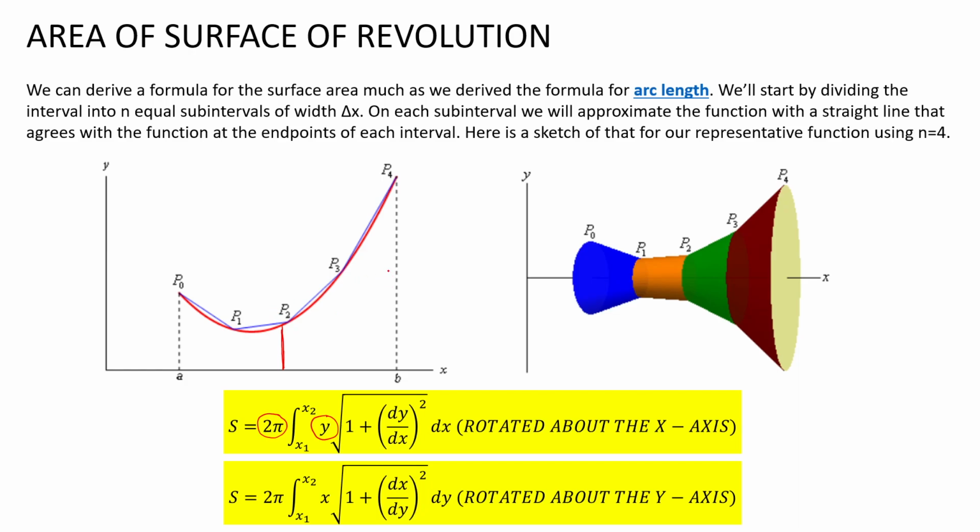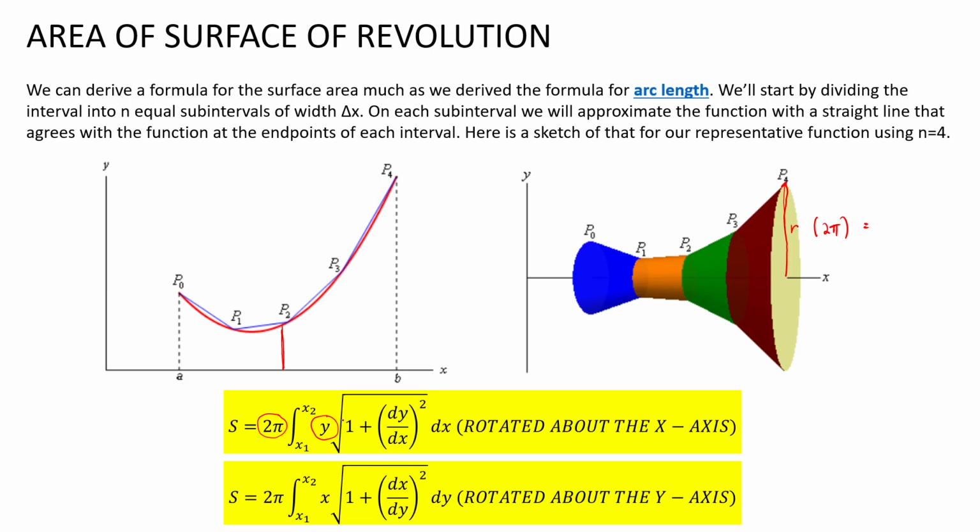So that's why it's 2 pi r, 2 pi times the radius. If you can see on the right figure, going towards this portion here, that will be the radius, and then rotating 360 degrees, so times 2 pi. So you're just going to solve for the circumference of the circle.